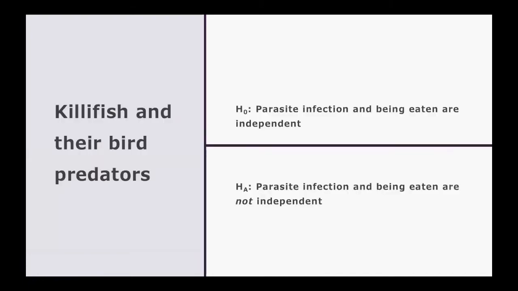So in this particular example then, we might want to test a null hypothesis that parasite infection and being eaten are independent of one another. In contrast, we might use the alternate hypothesis that parasite infection and being eaten are not independent of one another. And this style of null and alternate hypothesis is really characteristic of contingency analyses.